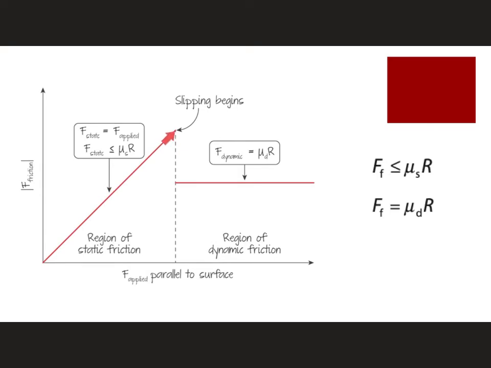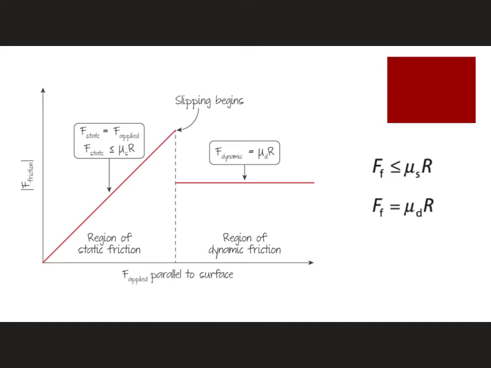When it starts to slip and slide, then we have this friction force here. And as I said, it's fairly constant, and we will consider it a constant force. So as it's not moving, we call it static friction. Once it is moving, we call it dynamic friction.